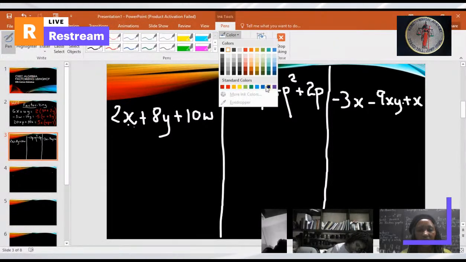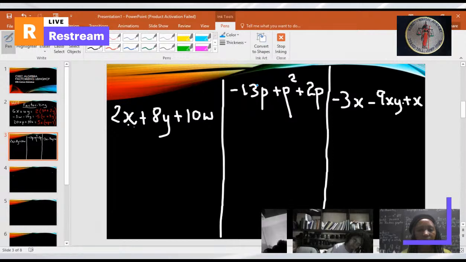Let's use another color. All right, so we have 2x plus 8y plus 10w. All right, Drayshawn, what's the highest common factor here? So it would be 2. How about the variables?